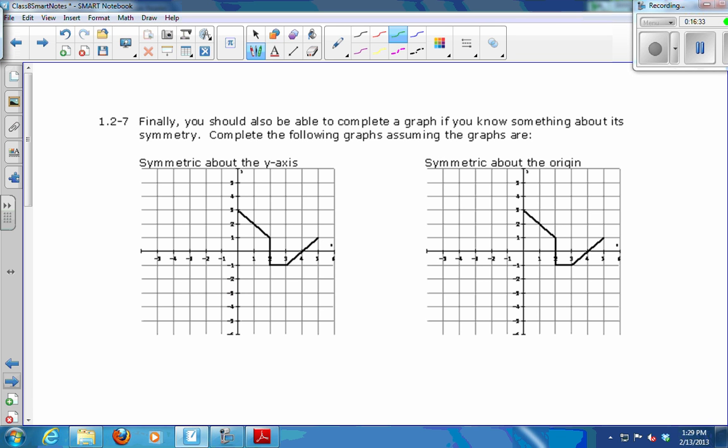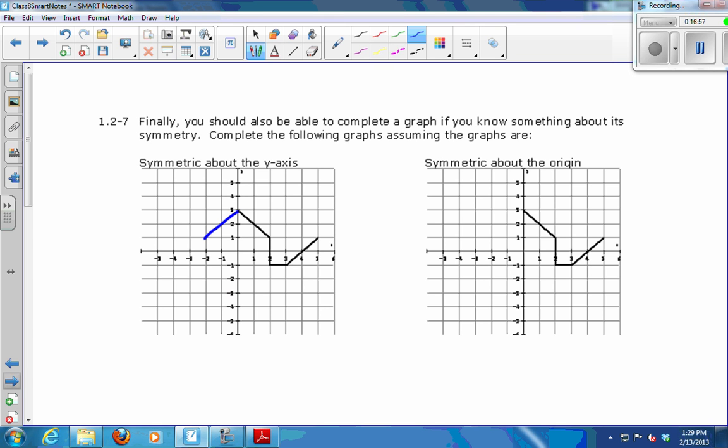Okay, so finally, you should be able to complete your graph if you know something about its symmetry. So both of these graphs, I've only drawn half of it, and I'm telling you that it has a certain kind of symmetry. So in this first one, it's got y-axis symmetry. So if you're good at visualizing things, you could just kind of sketch it out, treating the y-axis as a mirror.